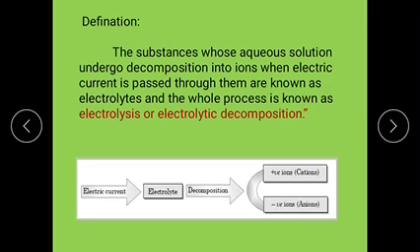Once again, I am repeating: the substances whose aqueous solution undergoes decomposition into ions when electric current is passed through them are known as electrolytes, and the whole process is known as electrolysis or electrolytic decomposition.